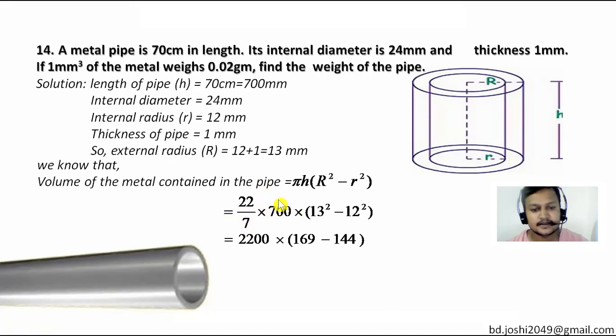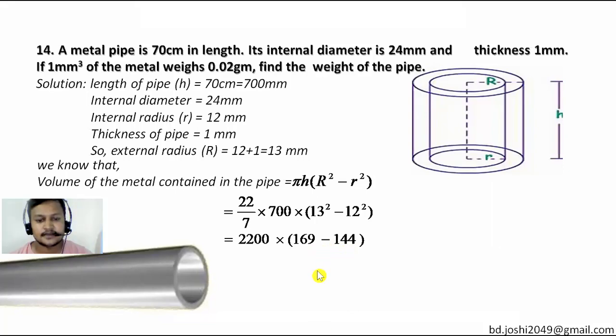Divide 700 by 7, 100 remains here. 100 into 22, it is 2200, 2200 into 169 minus 144. Subtract it. 25. 25 into 2200. Now multiply these two. 55,000 millimeter cube or cubic millimeter.